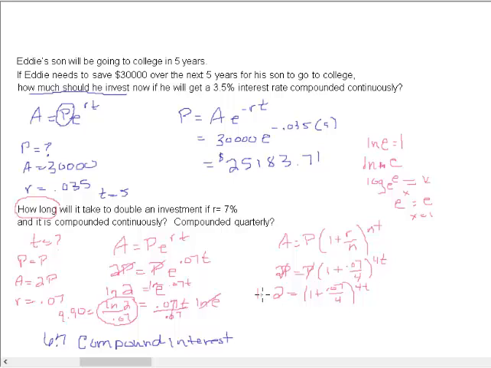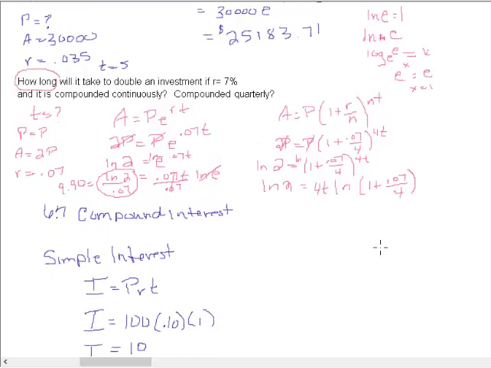Natural log both sides. So I have the natural log of 2 is equal to, I'm going to bring the 4t down, times the natural log of 1 plus 0.07 over 4. And now to get t by itself, so remember, I want t, which is right here, by itself.